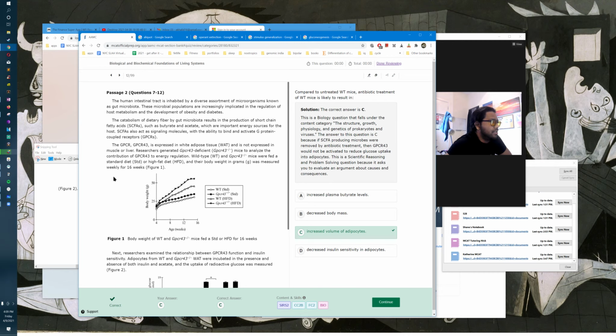So if they gave antibiotics to wild-type mice, it would stop the catabolism of fiber, so it won't make those SCFAs, which means that it won't bind to or activate GPCRs.